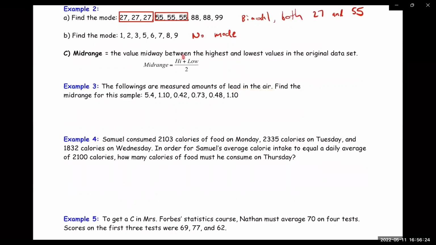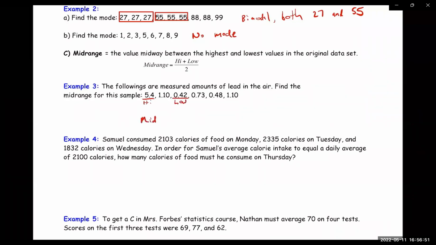So you have to take the highest plus the smallest. What's the highest here? 5.4, right? And then the low would be 0.42. Yeah, that would be your low.